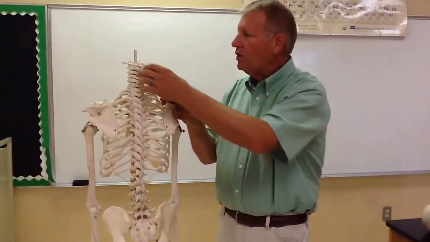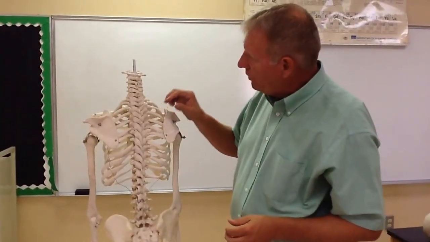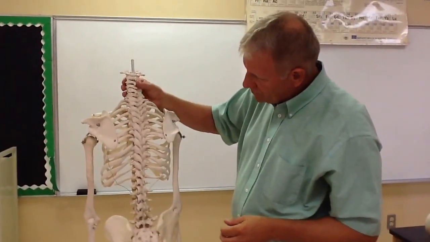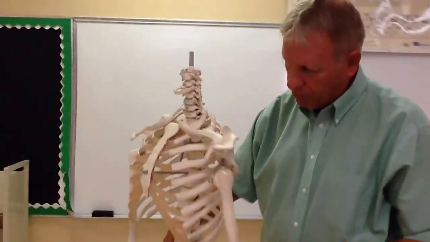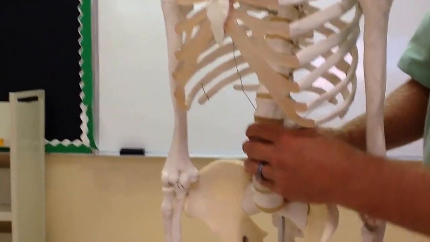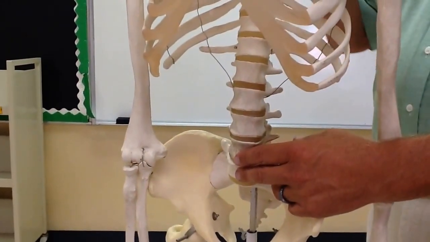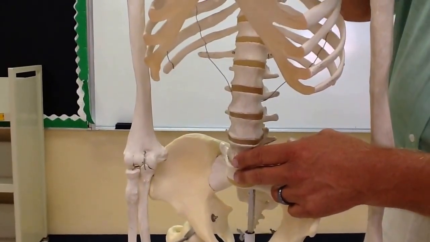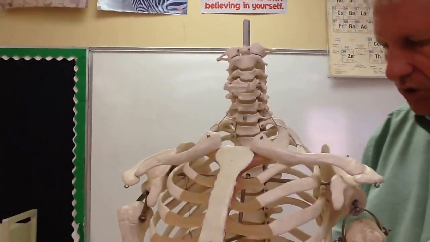Now, also I want to show you, when we talk about the different types of vertebrae, I want you to see the shape of the vertebrae, the big, large lumbar vertebrae. How big the lumbar vertebrae are, that have to support the weight of your body. And then we have the cervical and the thoracic, but I want you to see the size. See, it starts out really small and goes down into really large.